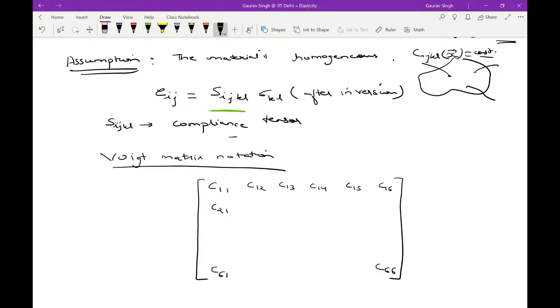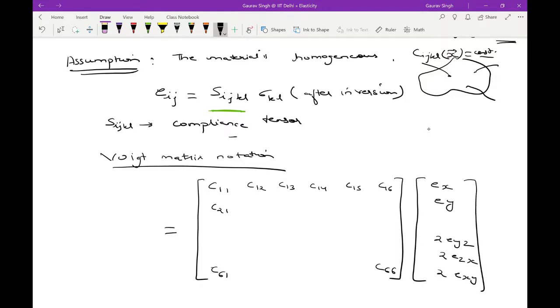Okay, then there are all the terms which I'm not writing, and then you could have EX, EY, EZ, 2EYZ, 2EZX, 2EXY. So you have sigma X, sigma Y, sigma Z, tau YZ, tau ZX, tau XY.